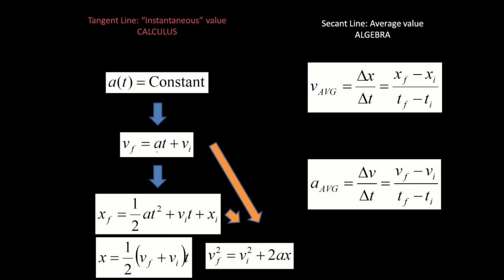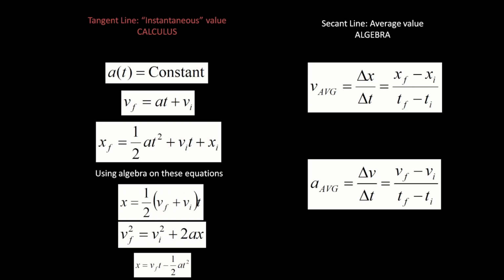If we solve here for time, and then take that and put it into time here in both these slots, we then can get this equation. So there is actually a third equation we can generate from algebra. If we solve this one for the initial velocity and plug it in here, we do get a third equation, and it's not used too much, but I will mention it anyways in this next slide.